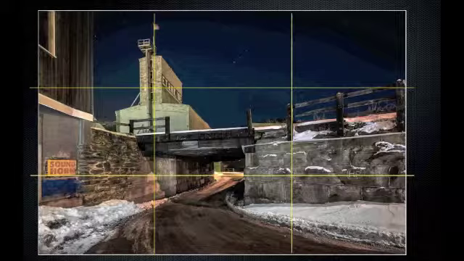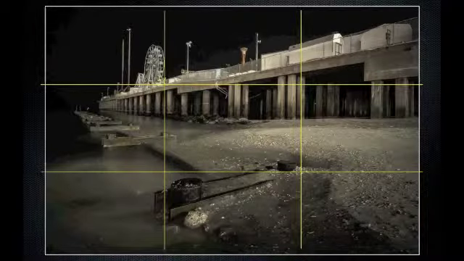The tall building in the background, which is actually the subject of the picture, appears to fall along the left side vertical line, and everything else kind of fits neatly into this grid. Now this isn't a mathematical thing, it's not perfect, but you can see that it does fall under the basic outline that these lines form. This picture also works in a similar fashion.